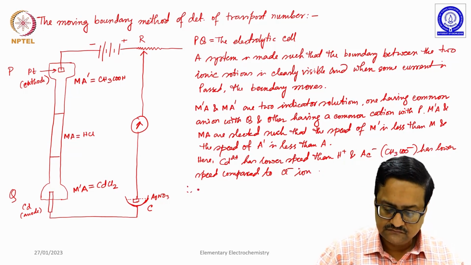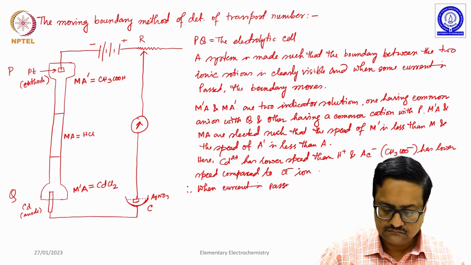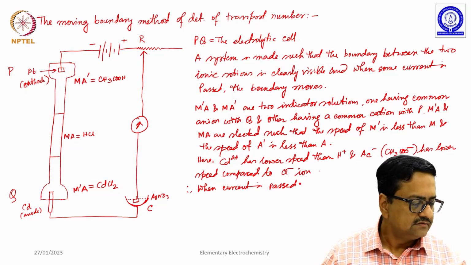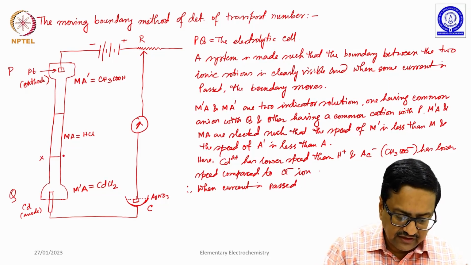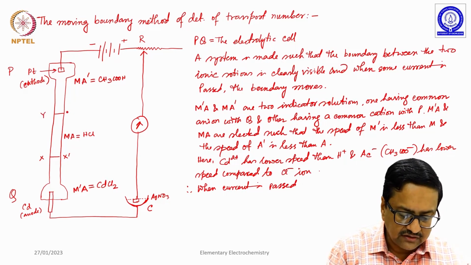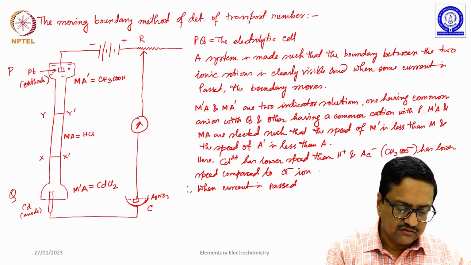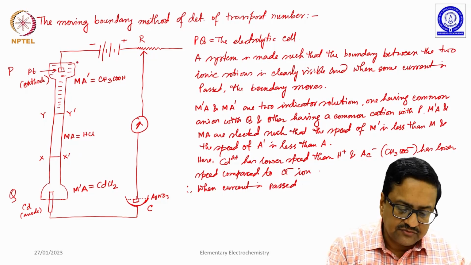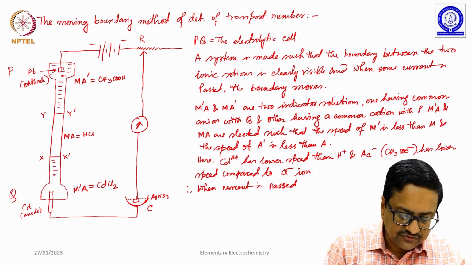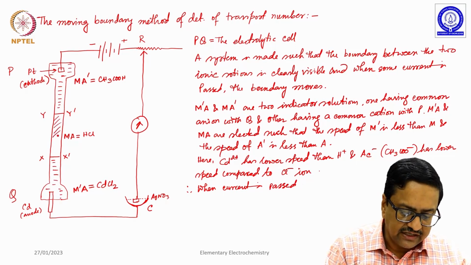So, when current is passed, suppose this point was x prime and this point was y prime, and this portion is your acetate solution, this portion is your acetic acid, this portion is cadmium chloride and this portion is HCl.